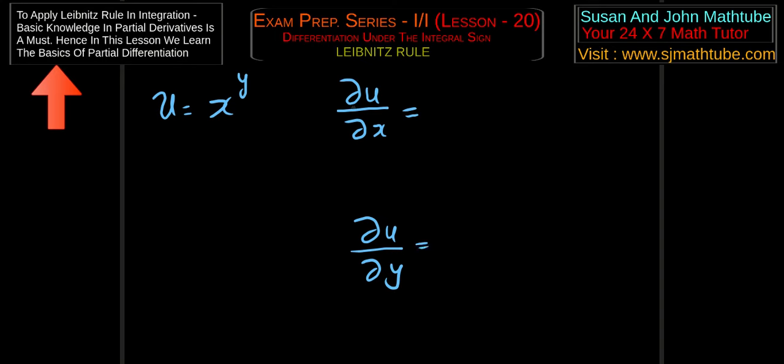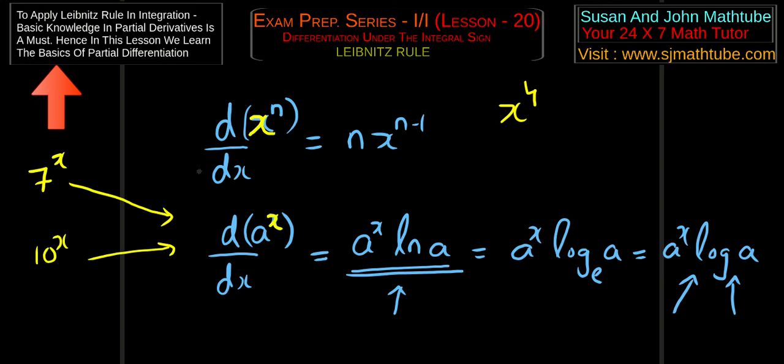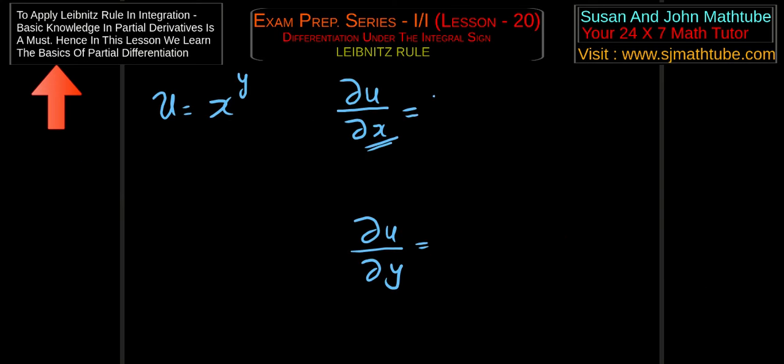I want to find the curly d with respect to x. And curly d with respect to x means x is the only variable, or in other words, we have variable to the power constant, and that looks like the first one. And the answer will be y x to the power y minus 1.